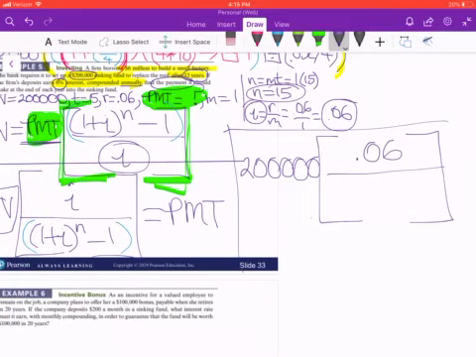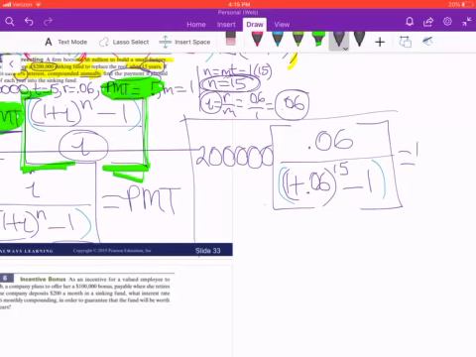And on the bottom, we're going to have 1 plus 0.06, and I'm sorry, I'm missing a parenthesis here, to the power N. We established N was 15, and then minus 1.